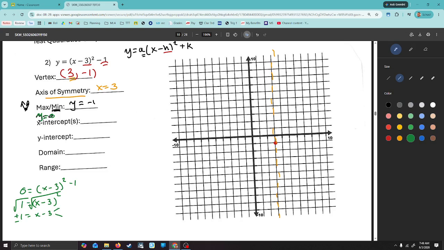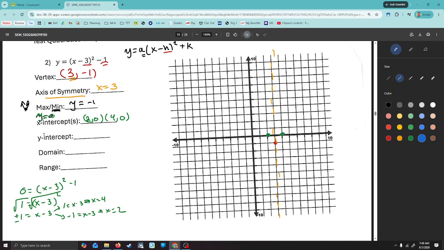I have two versions. Our brains can't dual process. So 1 equals x minus 3, or x equals 4. And -1 equals x minus 3, plus 3 on both sides, that makes it x equals 2. So my x-intercepts are (2, 0) and (4, 0). I should draw that out: (2, 0), (4, 0).